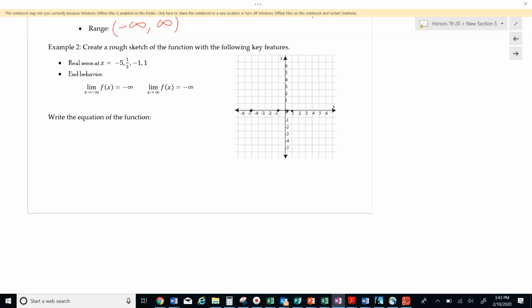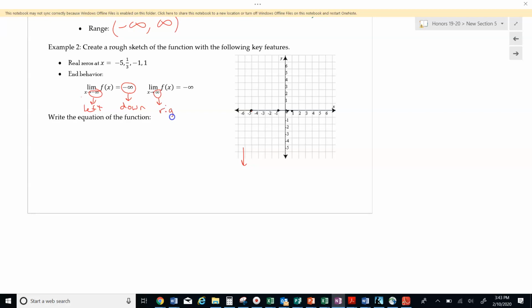That's fun. Okay, so then with my end behavior, the limit as x approaches -infinity of f of x equals -infinity. So on the left, it goes down. So I'm going to go just to the left of my last point, and it's going to end up going down.